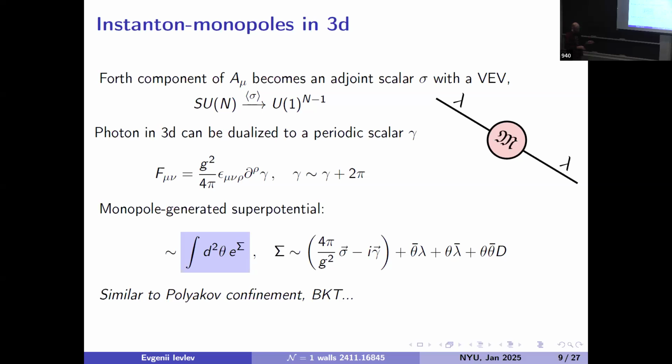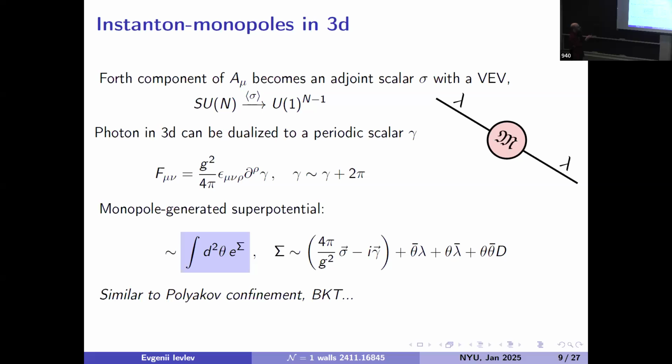And if you now do a small circle compactification, so your theory is R3 times S1, where S1 is small, then the last component, or fourth component, of the gauge field becomes an adjoint scalar in this effective 3D theory. And this adjoint scalar actually Higgses the gauge group and breaks it to its abelian torus, the maximal torus.